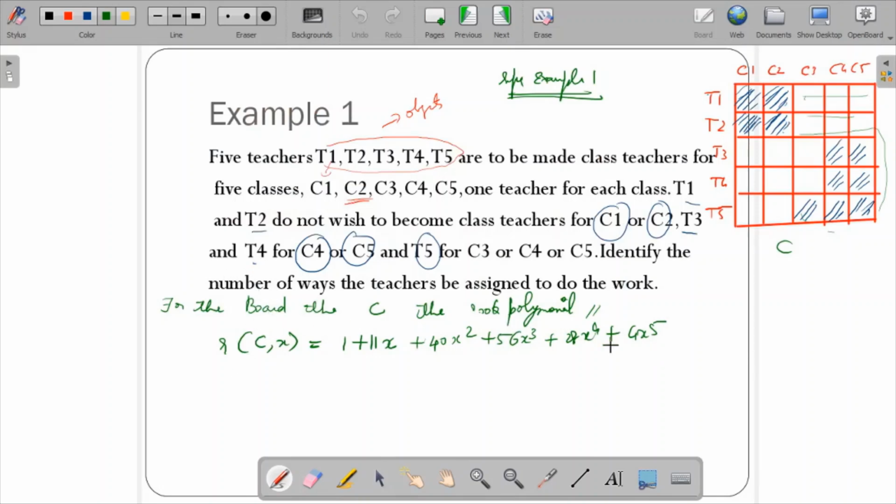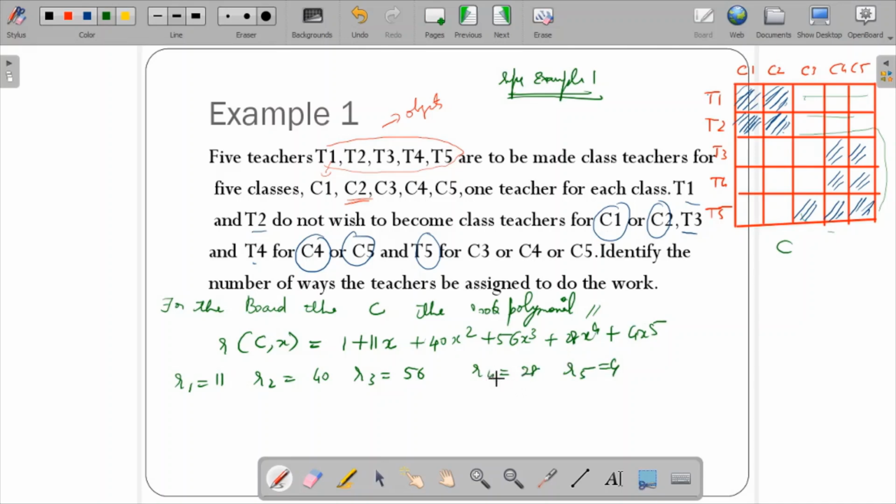Now from this entire equation you came to know that R1 is 11, R2 is 40, R3 is 56, R4 is 28 and R5 is 4. So this is regarding R1, R2, R3, R4, R5.